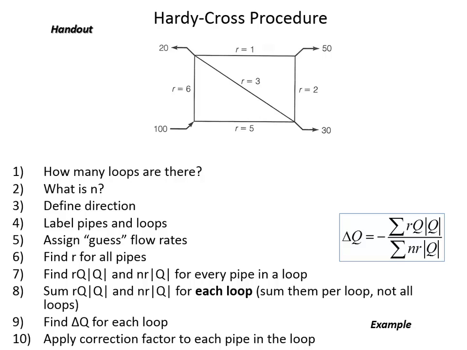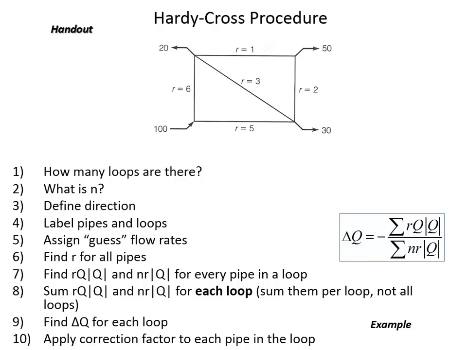So the delta Q is going to be negative the sum of R times Q times absolute value of Q, divided by the sum of N times R times absolute value of Q. So here, delta Q is going to be the negative of the sum of that divided by that.